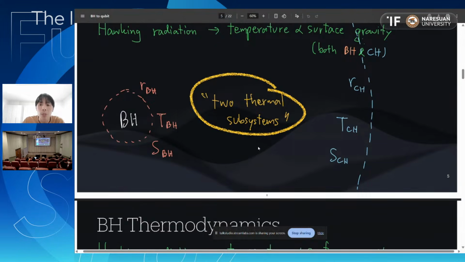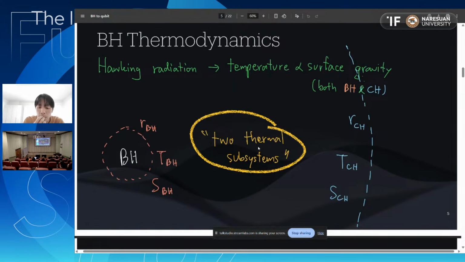Now the point of this slide is that because for this black hole we have two horizons, we end up with two sets of thermodynamic quantities. We have two temperatures, we have two entropies. So if we want to realize this system as a thermodynamic system, then we must be confused, right?